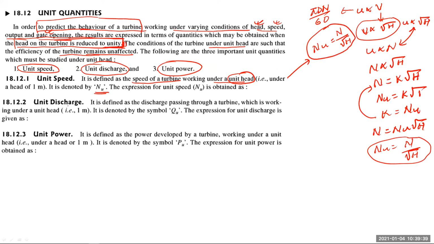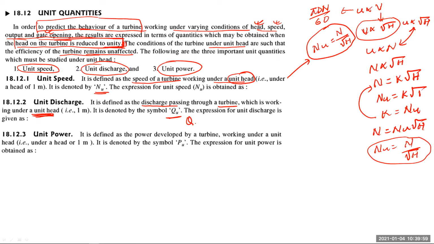Similarly, what is unit discharge? It is defined as discharge passing through a turbine which is working under unit head. In the same way, you will get the relation for Q. It is represented by Qu, unit discharge.